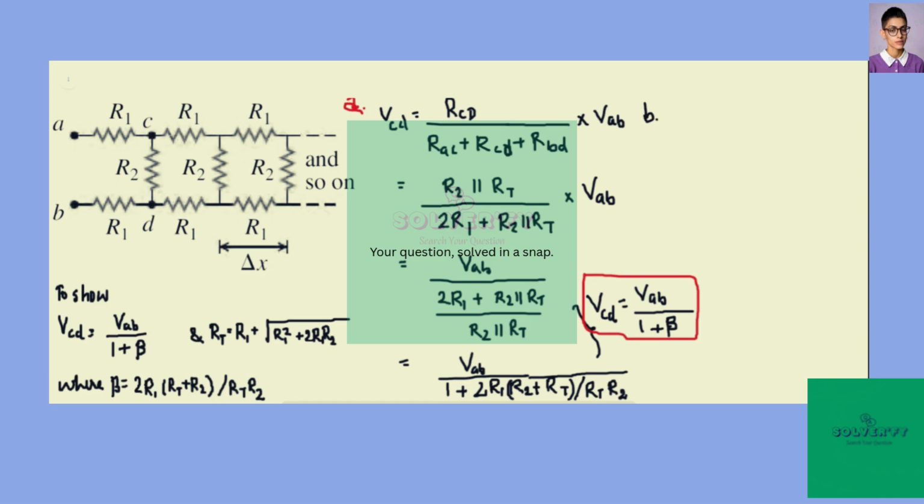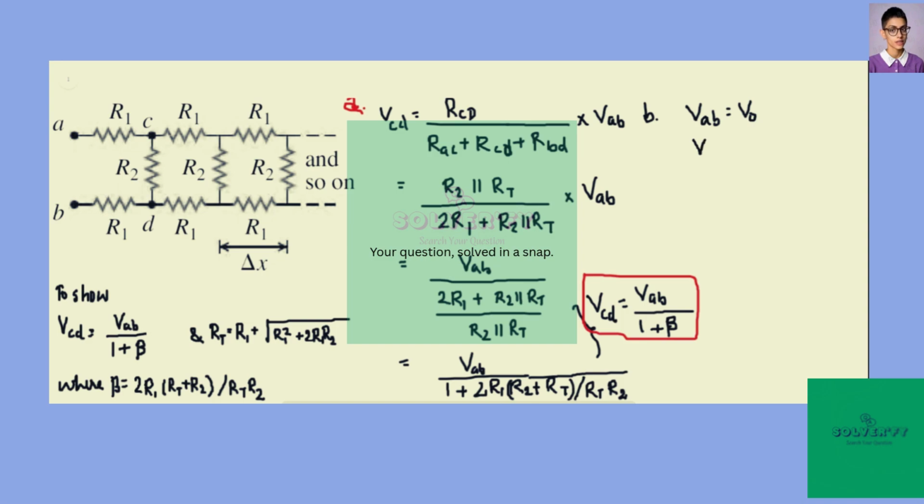The question says that VAB equals V naught, and for n segments from the left end the voltage is Vn. So in that case we have to find V for the nth segment.